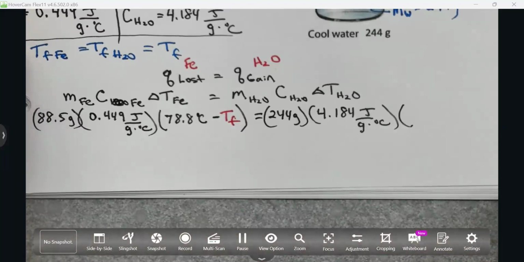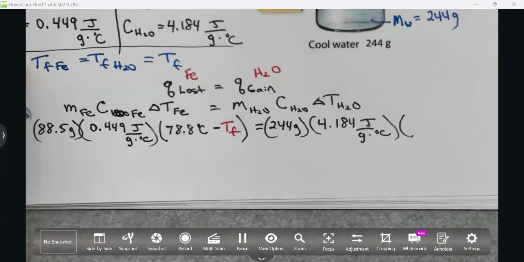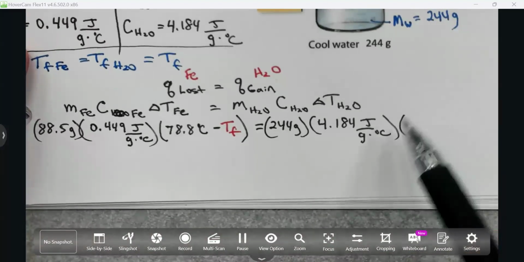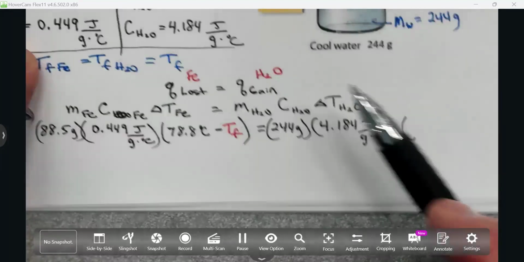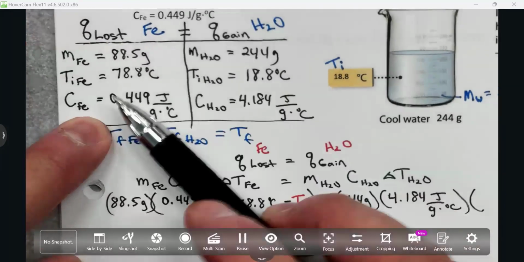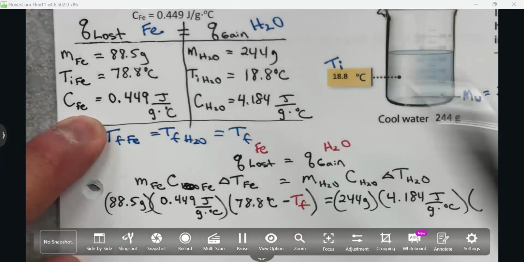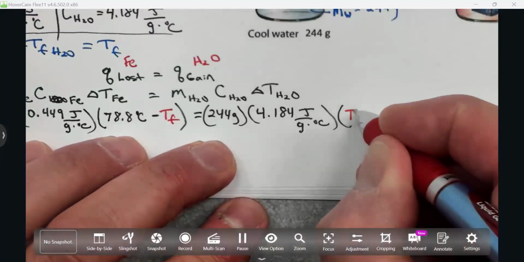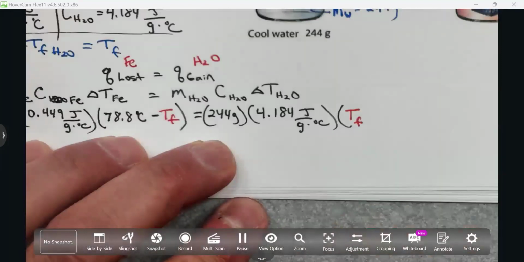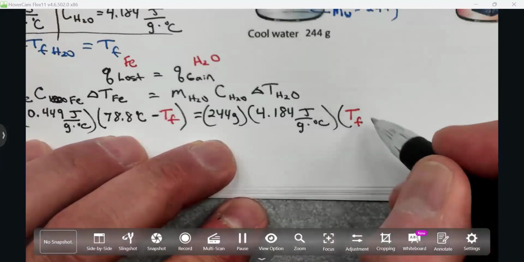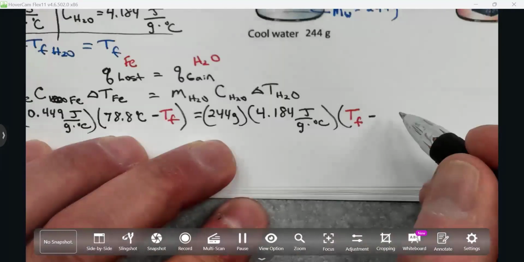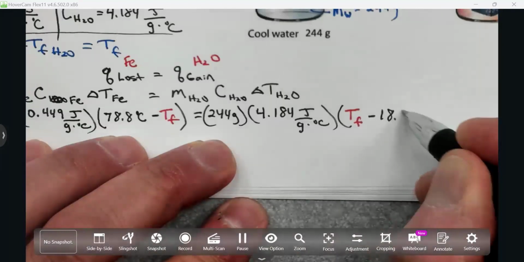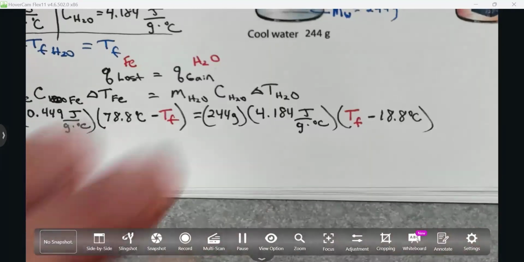It is, right? That water is going to get warmer if it starts out at 18.8 and you're putting 78.8 degree metal in it. So in this case, in order to make this positive, this is going to be T final minus 18.8.